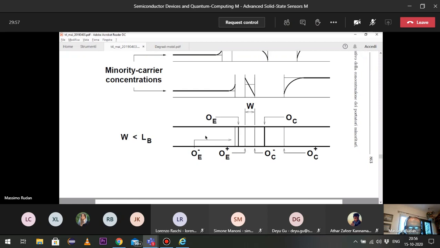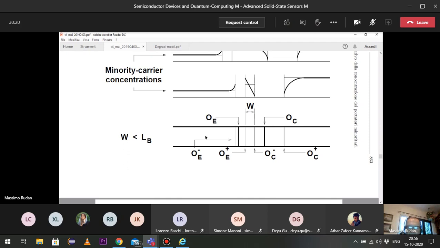However, there is a difference: in the emitter and collector regions, as you can see in the upper part of the figure, we do have the asymptotic behavior of the minority carriers. So we have a boundary condition that is, in quotes, relatively easy to deal with.